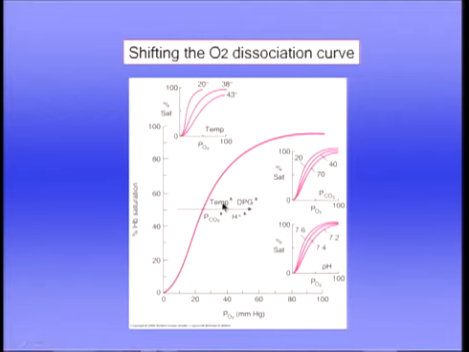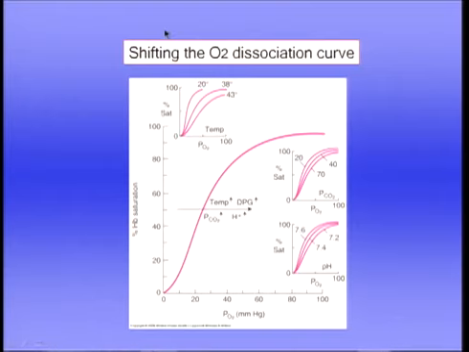It's advantageous in exercising muscle to have a right-shifted curve where the oxygen affinity is reduced, because that means you can unload more oxygen for a given PO2.